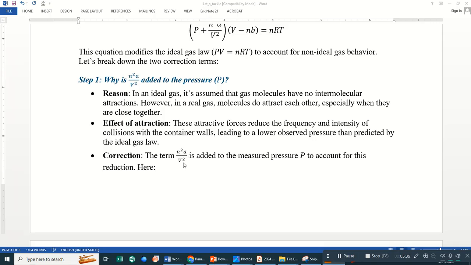Due to attractive forces, pressure is reduced. How much pressure is reduced? This term is added. Here n stands for number of moles, V stands for volume, and a stands for a constant.